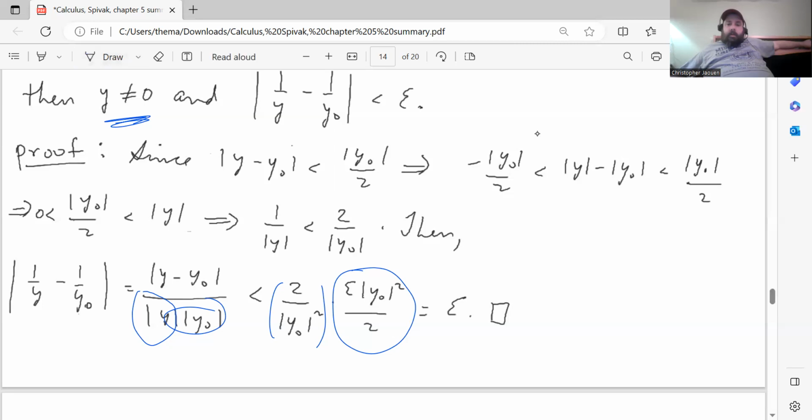So when you simplify everything here, notice that the 2's cancel and the y0 squareds cancel, so you're just left with epsilon. So that shows that the property holds.